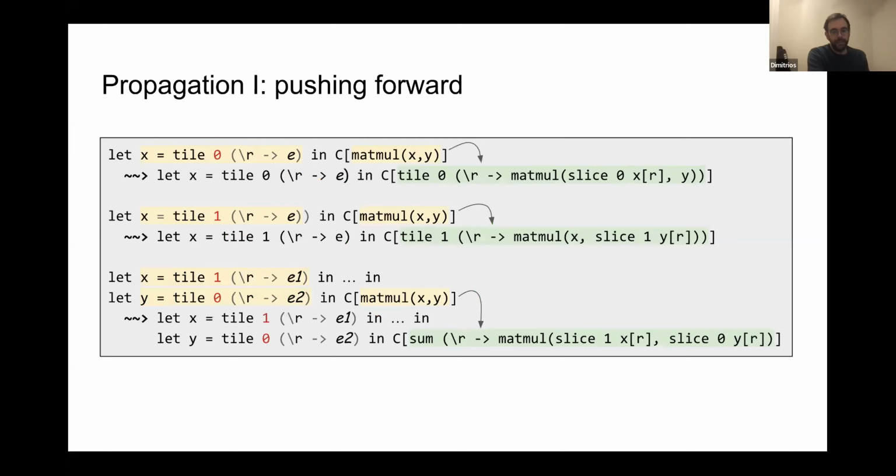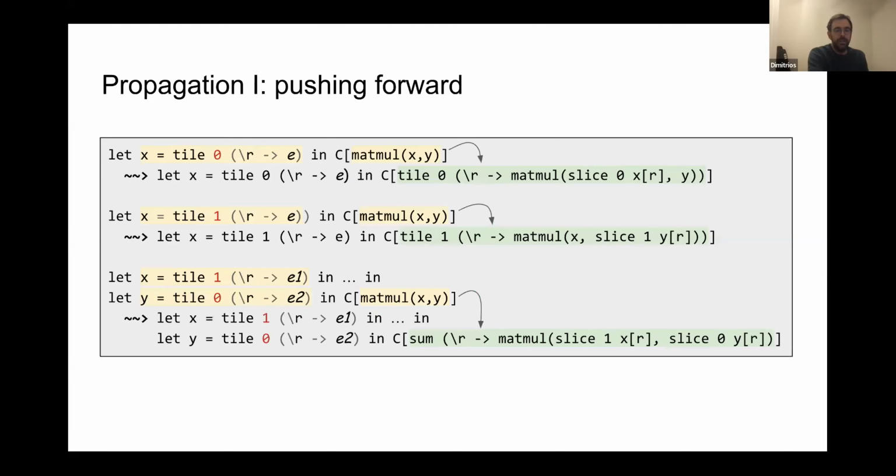At this point, we can trigger the equivalence for the matrix multiplication loop, and we can say, aha, okay, let me try to rewrite the matrix multiplication loop so that it becomes a loop that operates on slices of the original input.